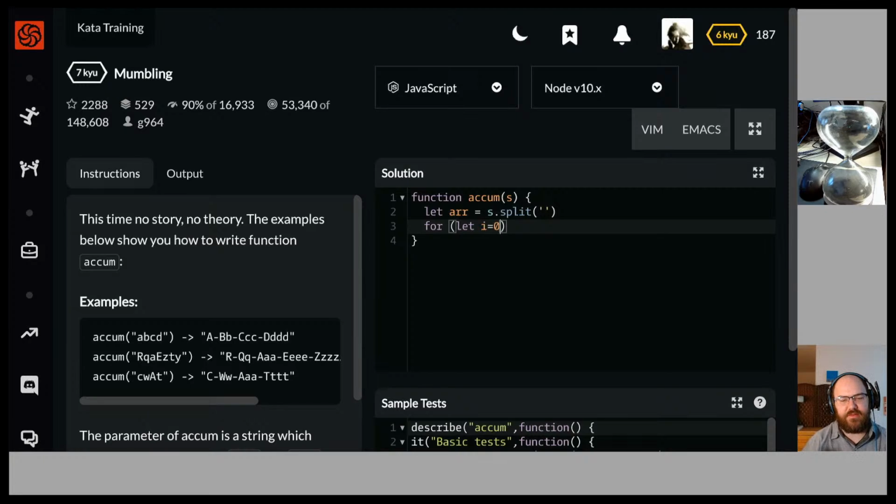For let i equals 0, i less than arr.length, plus plus. Except for convenience, I'm going to set i equal 1 and say i less than or equal to array.length. Am I? No, I'm not, because I still want to be able to use i as the index for the array.